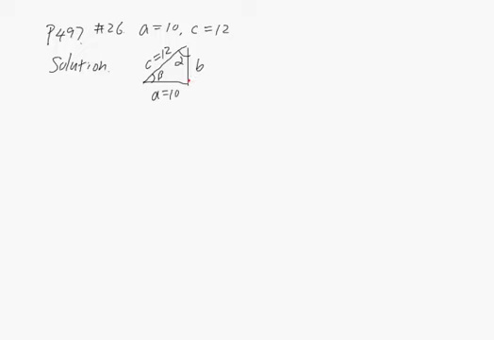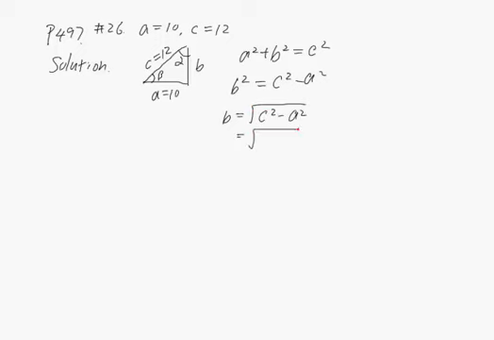That is B. We know the Pythagorean theorem, that is A squared plus B squared equals C squared, right? From this equation, we can solve for B. We have B squared equal to C squared minus A squared, and then B is equal to the square root of C squared minus A squared.